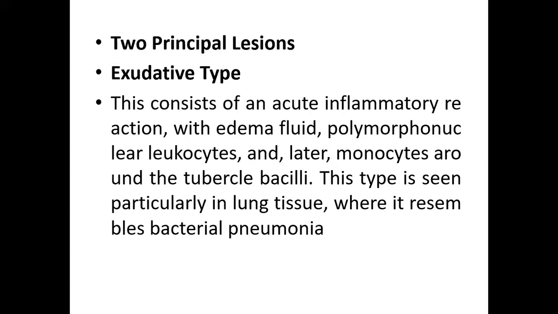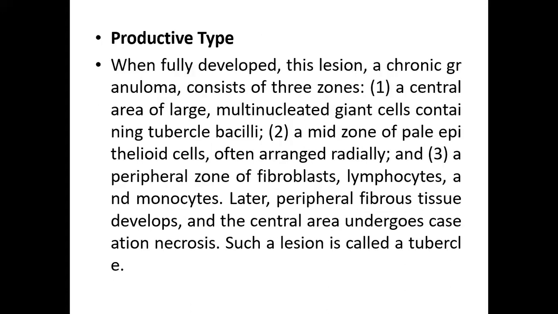There are 2 types of lesion, including the exudate type. This consists of an acute inflammatory reaction with edema fluid, polymorphonuclear leukocytes, and later monocytes around the tubercle bacilli. This type is seen particularly in lung tissue, where it resembles bacterial pneumonia. This is the first or beginning of granuloma formation.